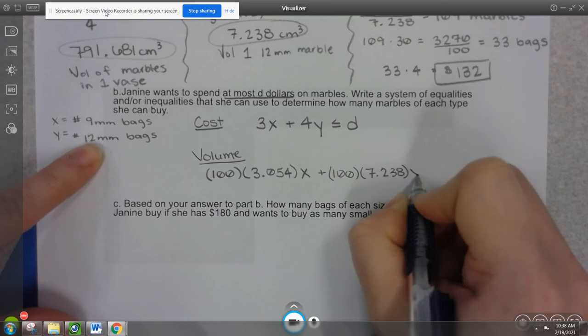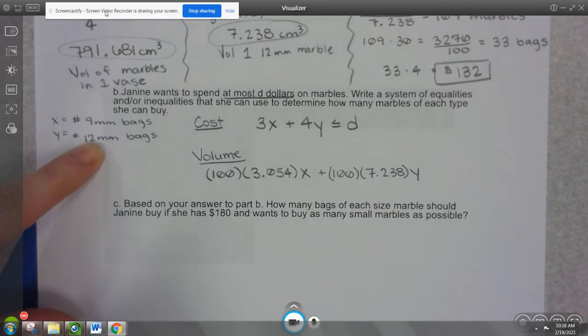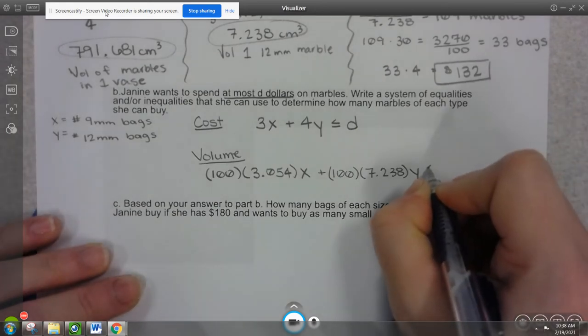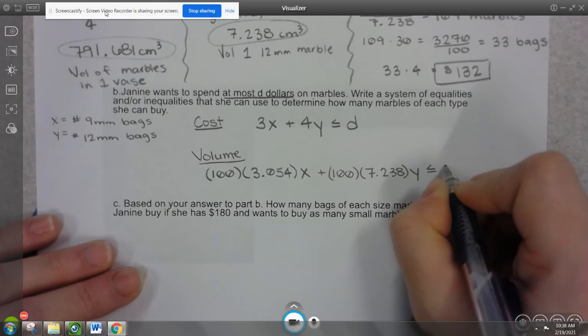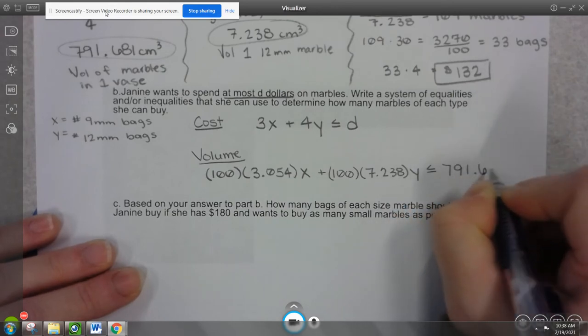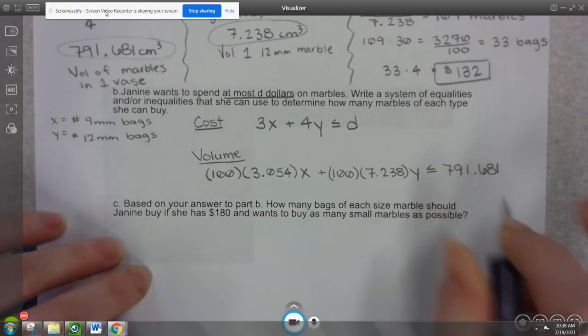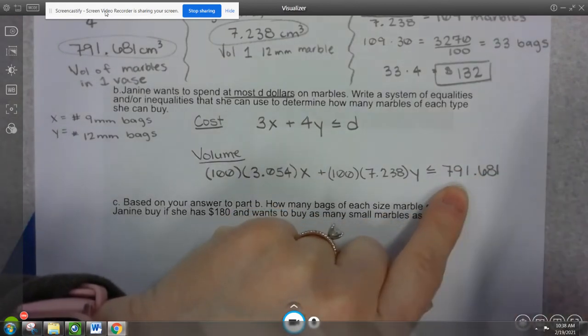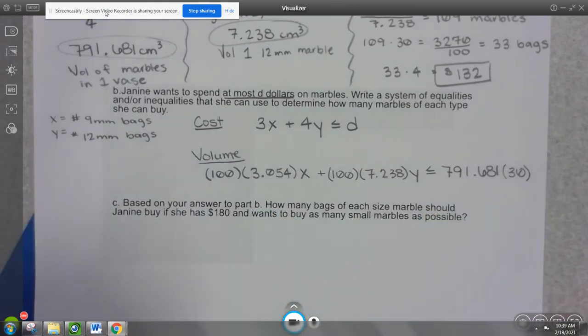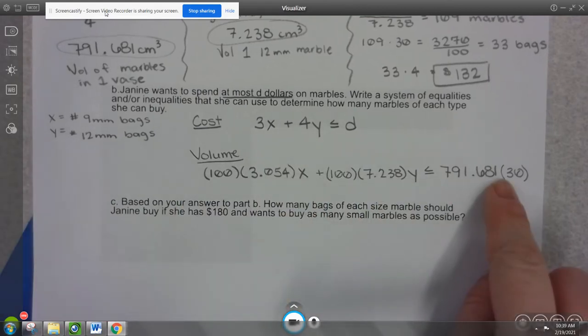And then I'm going to multiply that by however many bags of those marbles I'm buying, which in this case I'm just using Y. And that has to be 791.681, which is one vase. And then I need to multiply this by 30 because I have 30 vases altogether. So this is for all the vases.